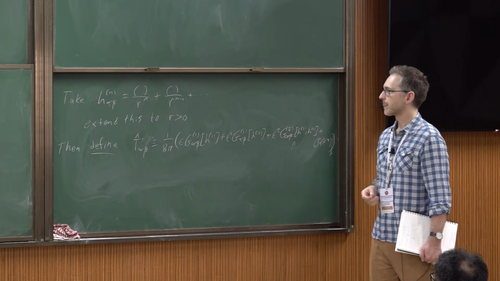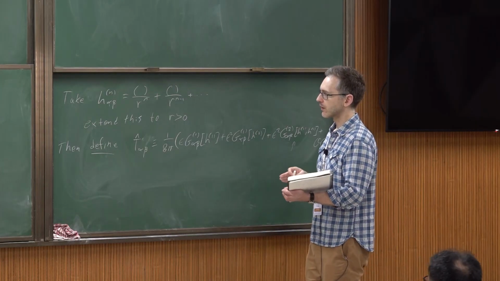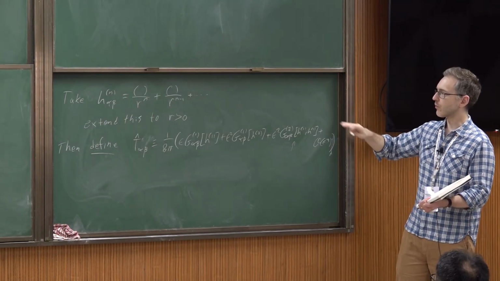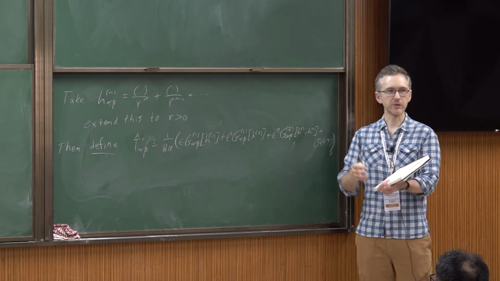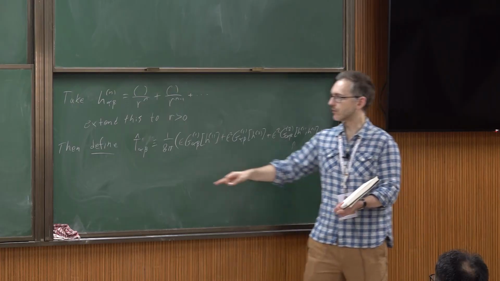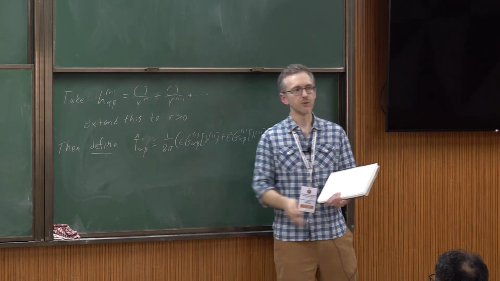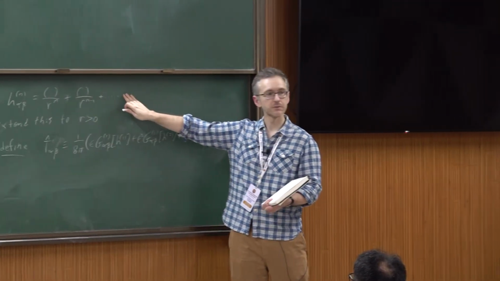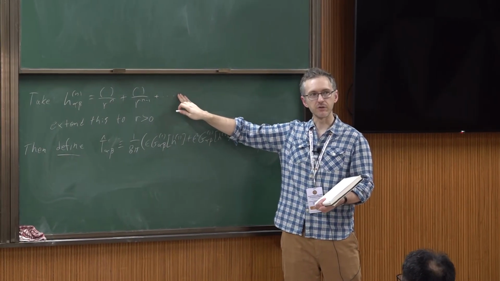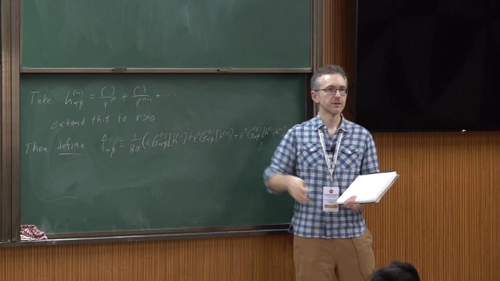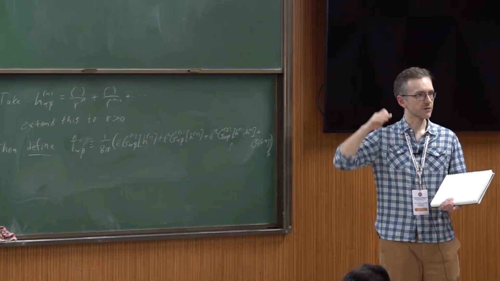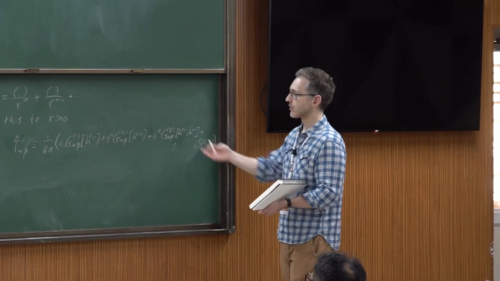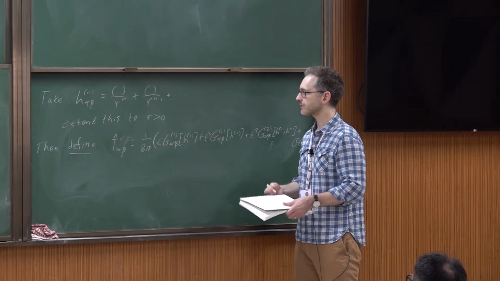But ultimately, we are guided by the idea that no matter what we do, we want to make sure that when we solve the Einstein equations with this stress energy tensor, we get out exactly the result of matched asymptotic expansions. So matched asymptotic expansions are our guiding principle here. They are telling us what the correct answer is, and then we just want to make sure we reproduce it.